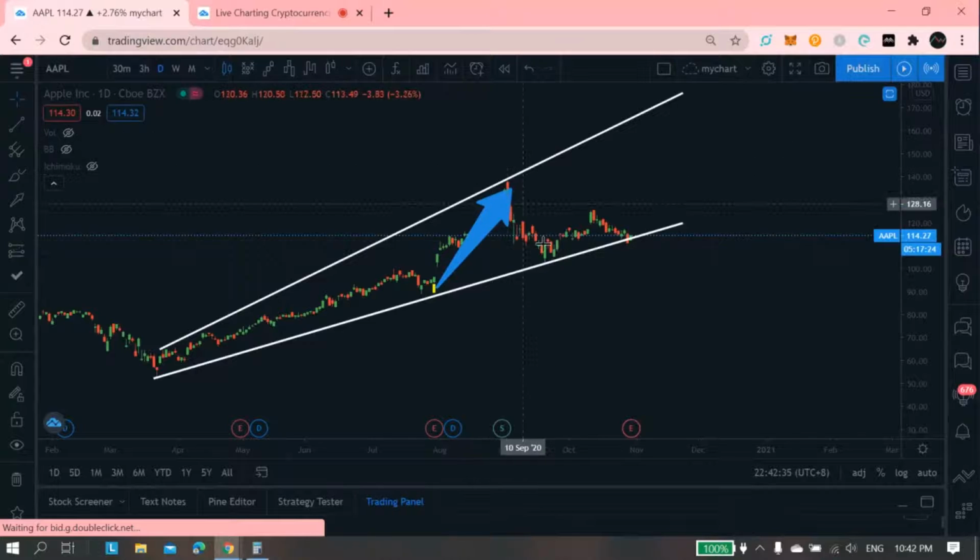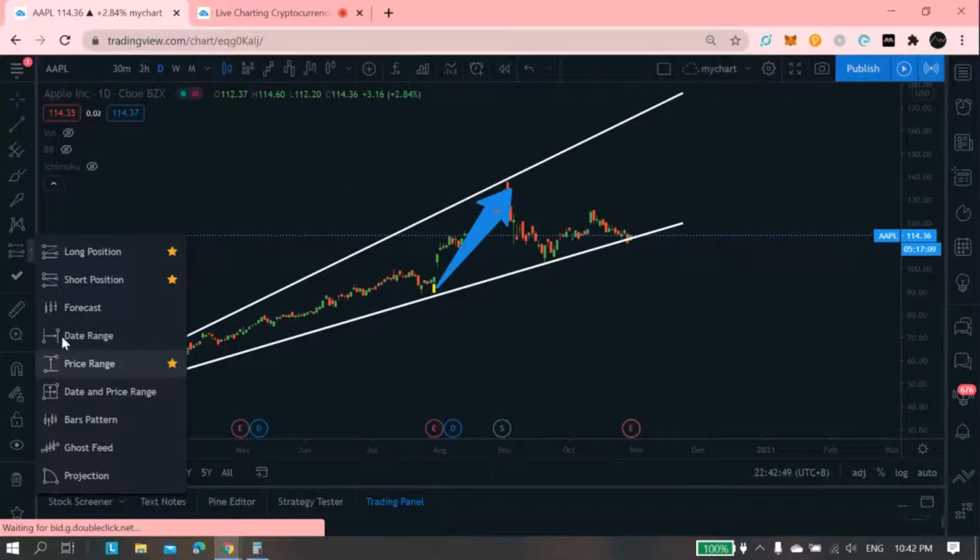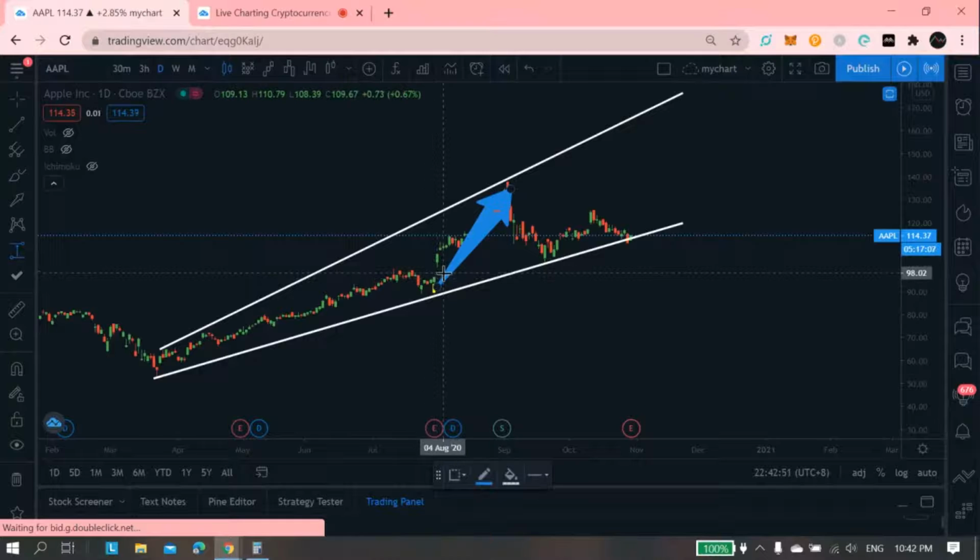And then after that, it pulled back and retested the support area. Anyway, let's measure from July 30, the closing of it, until this area.